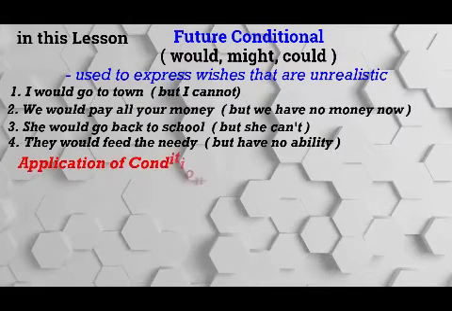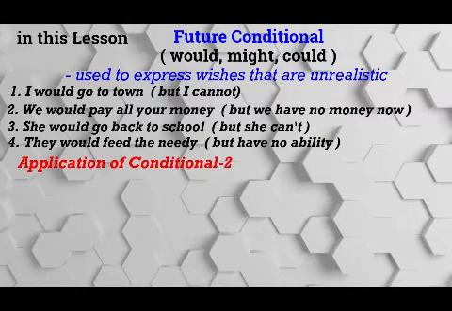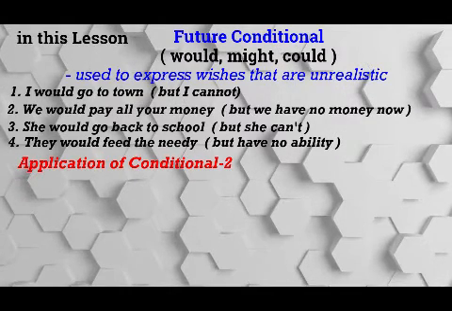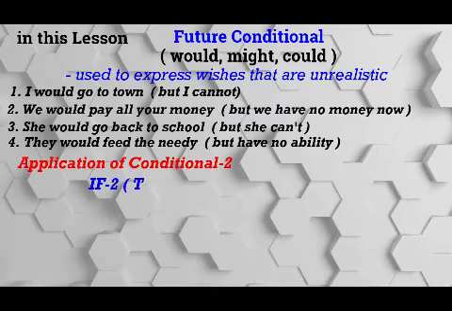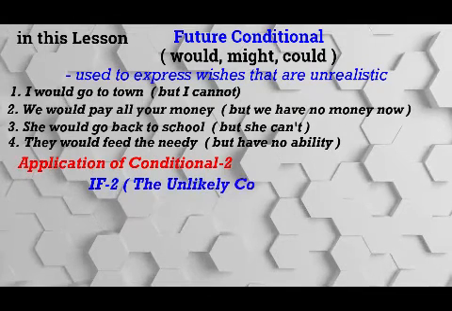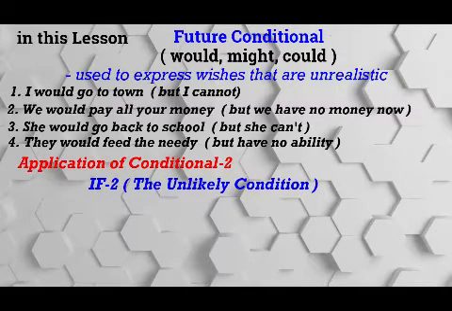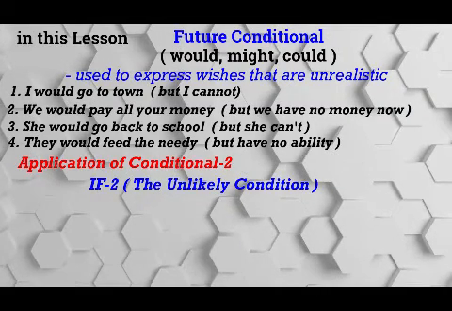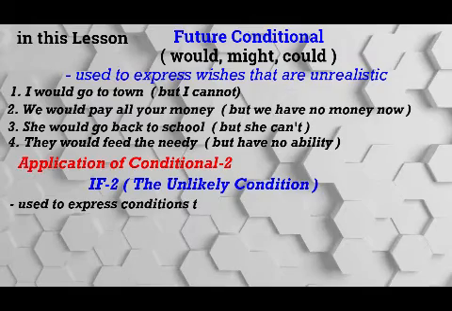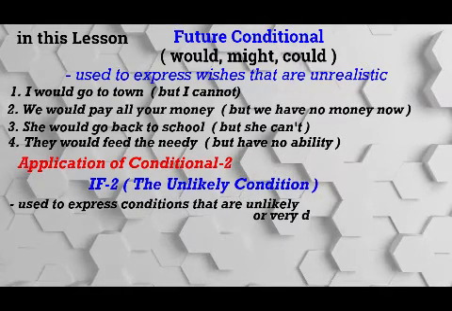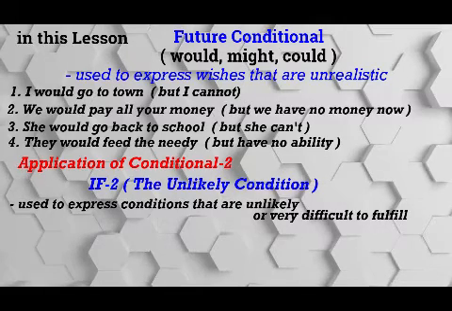Application of the conditional future 2. We apply this in IF-2. IF-2 sentences are also known as the unlikely condition or the impossible condition. We use the if-2 to express conditions that are unlikely or very difficult to be fulfilled.